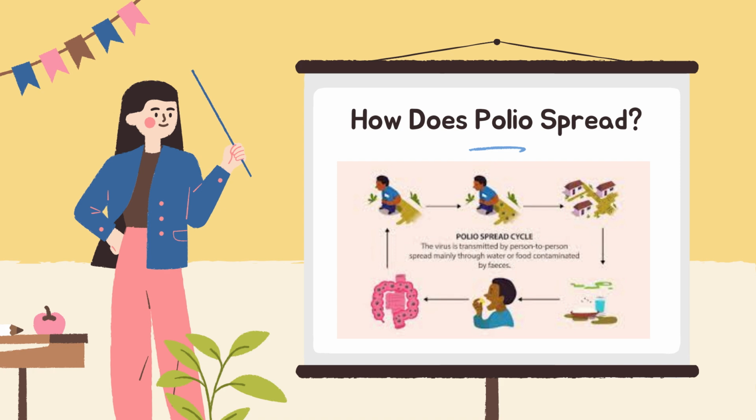Ways polio can spread: not washing hands after using the bathroom or changing diapers, drinking contaminated water or swallowing it while swimming, eating food that has come into contact with contaminated water, swimming in infected water, especially if someone with diarrhea has been in it, breathing in droplets from a cough or sneeze of an infected person, close contact with someone who has polio, and touching contaminated surfaces and then touching your mouth. Prevention tip: wash your hands regularly and ensure you're vaccinated to protect yourself from polio.